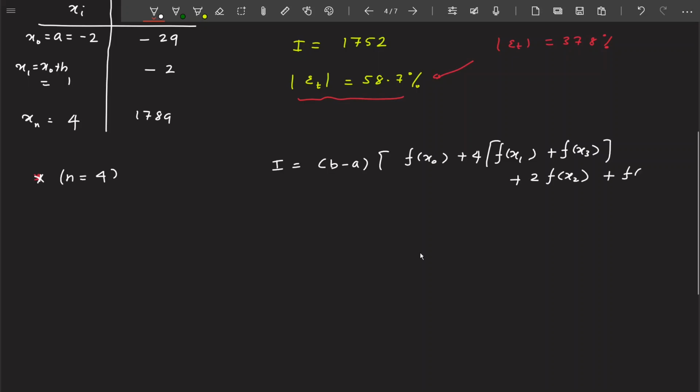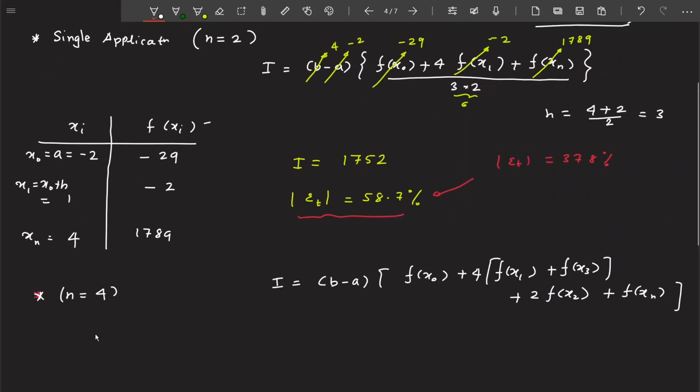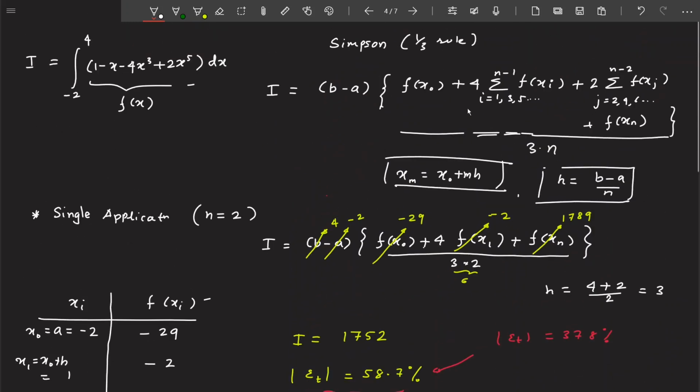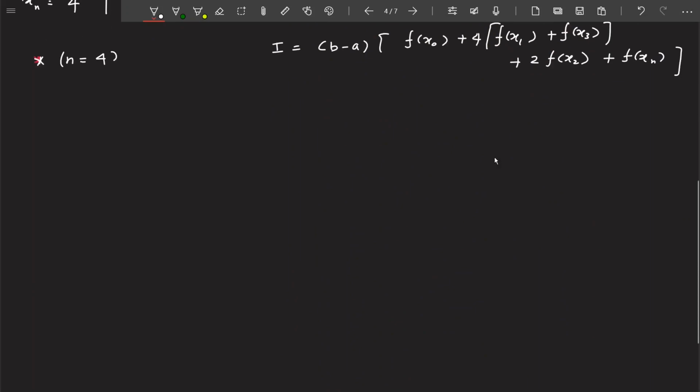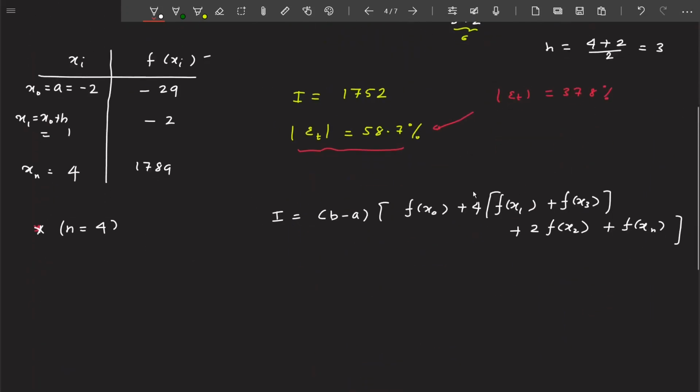Okay, if in case you are still not sure about how I got this, just substitute the value of n is equal to 4 in this general formula, and then you will be able to get this value.